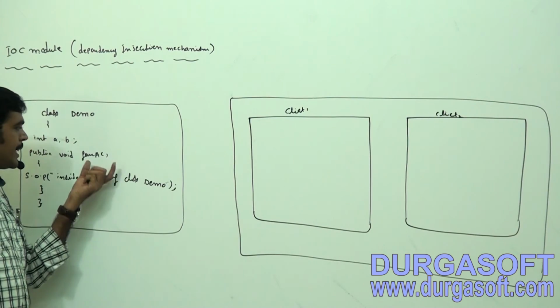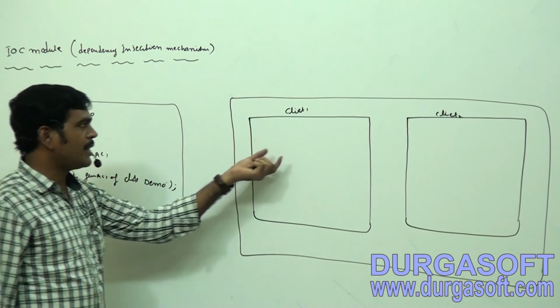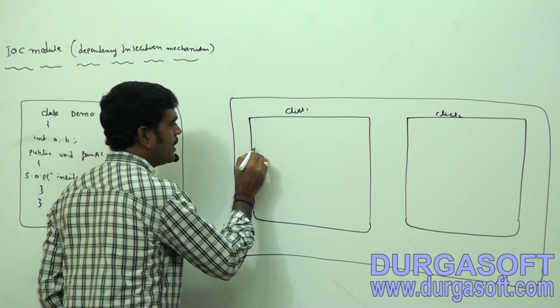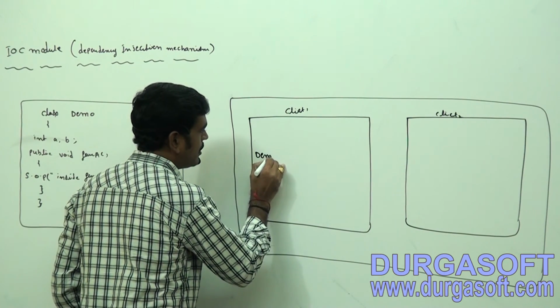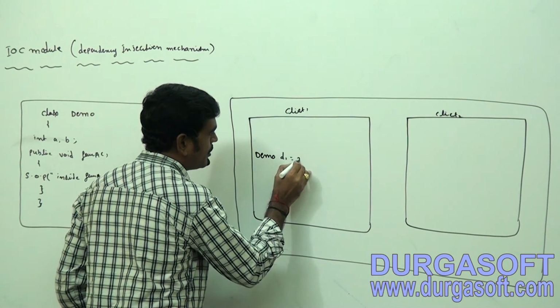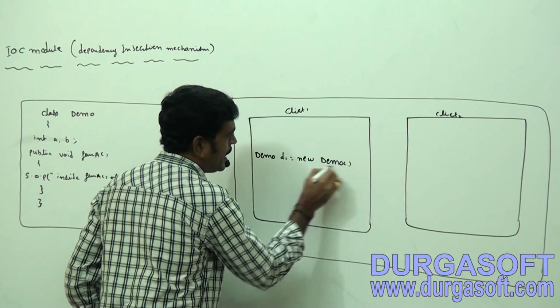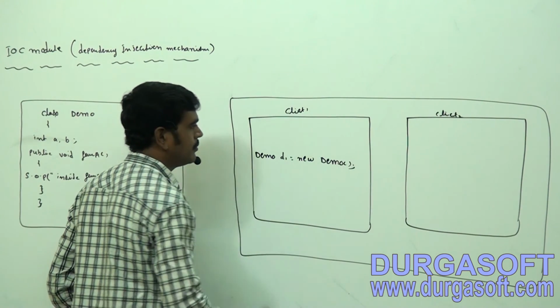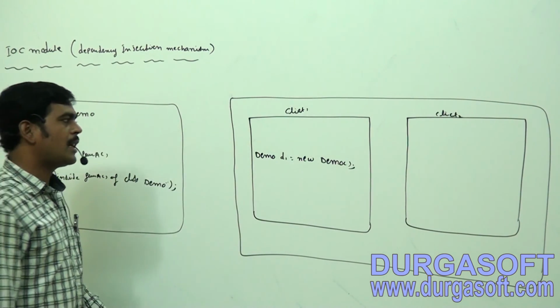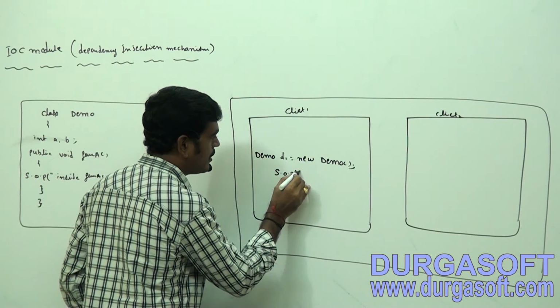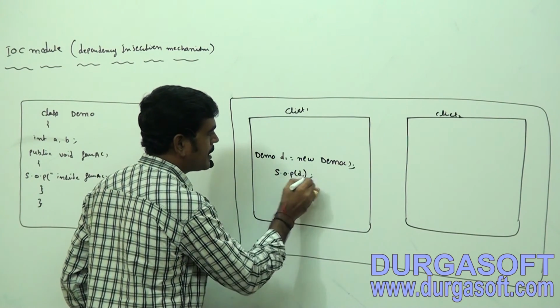Now I am going to create this class object inside client 1 as well as client 2. Assume that I am creating it like this: Demo d1 is equal to new Demo. After creating the object, I print system.out.println d1, and some address is going to be printed here.